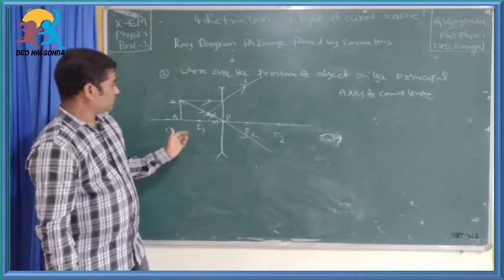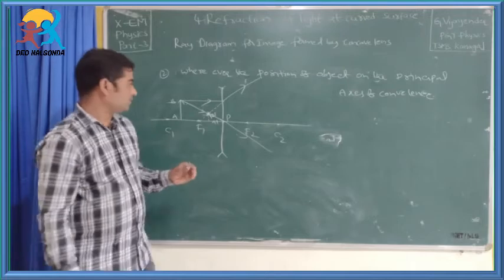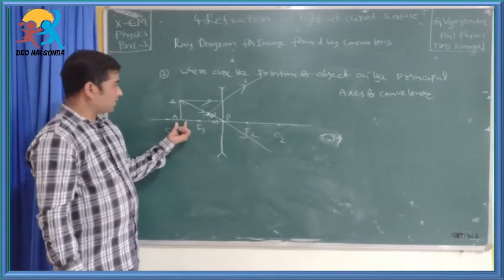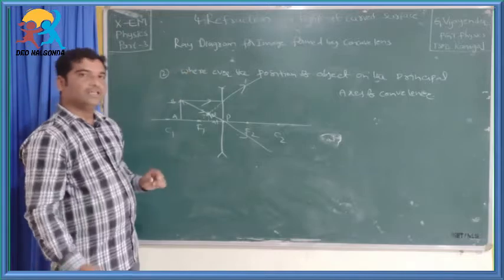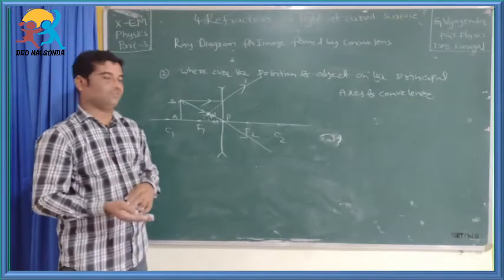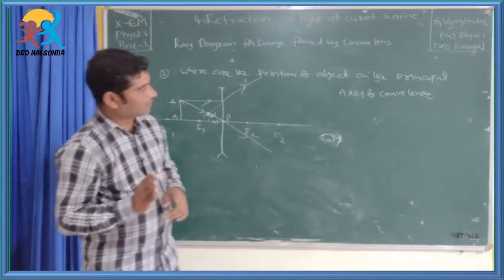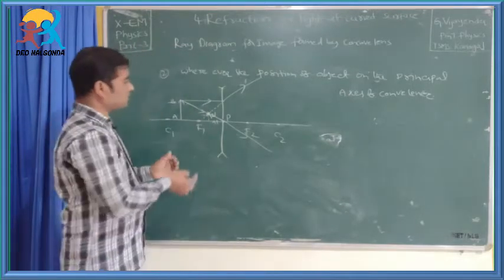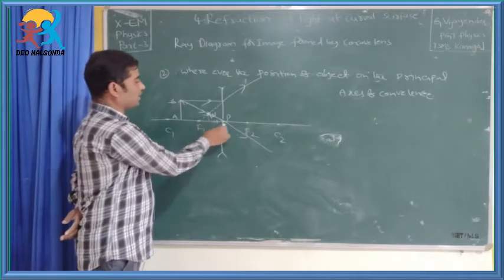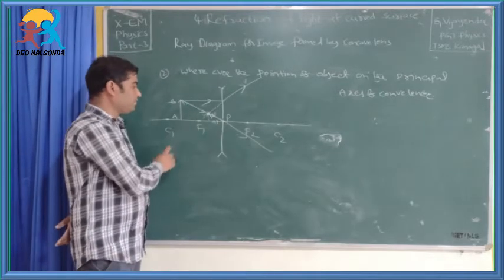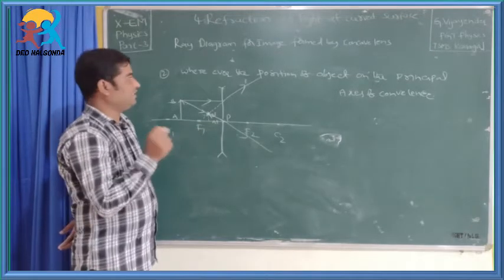Here we have placed the object between the center of curvature and focus, but not only here. Except for the case where the object is at infinity, in all remaining cases, wherever the object is on the principal axis of the concave lens, the image is always formed between the focus and optic center. The nature of the image is virtual and erect, and the size is diminished.